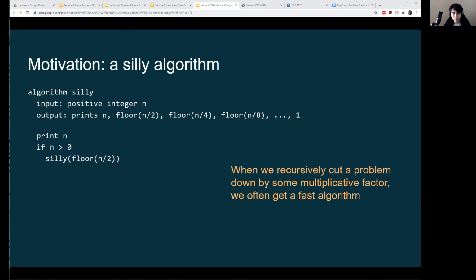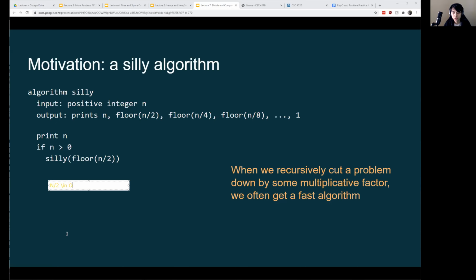How do we differentiate between n over 2 runtime and log n runtime? I'm just answering the question in chat. If you have n over 2 runtime, that's O of n.